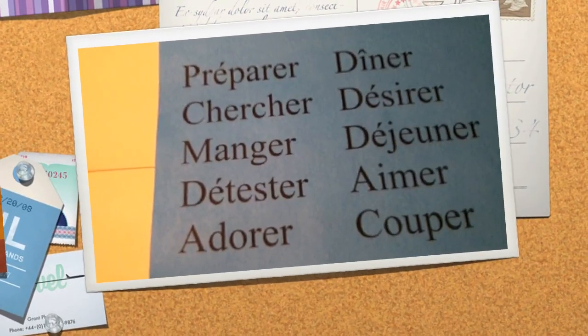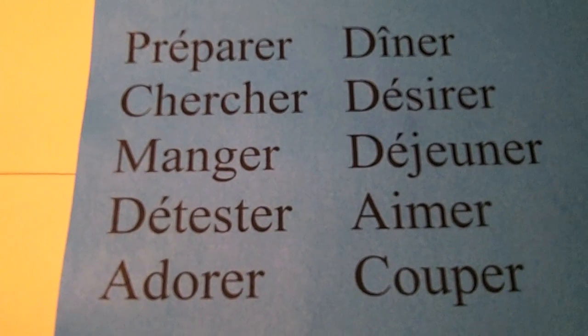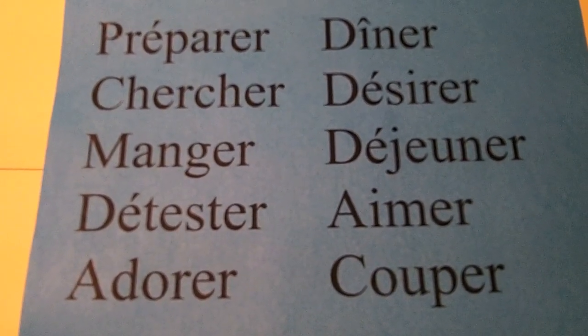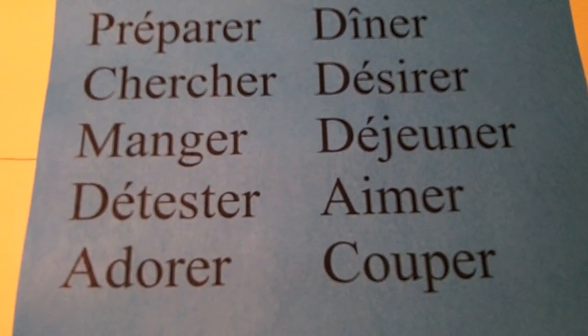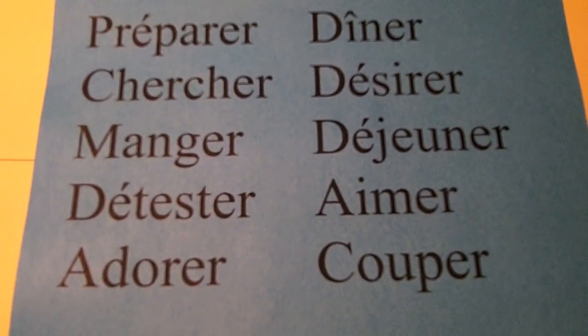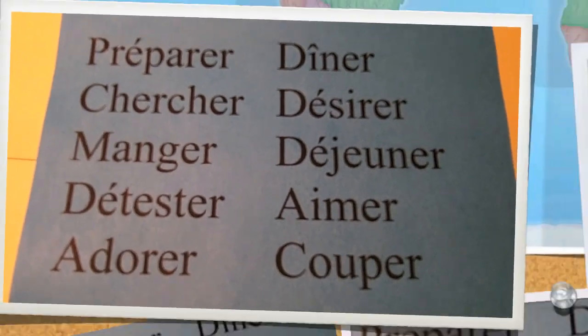We're going to focus on ER verbs, as they are the most common verb ending. As we are currently studying food, we're going to take 10 verbs that can be used in the French language with food. Préparer, chercher, manger, détester, adorer, dîner, désirer, déjeuner, aimer, et couper.